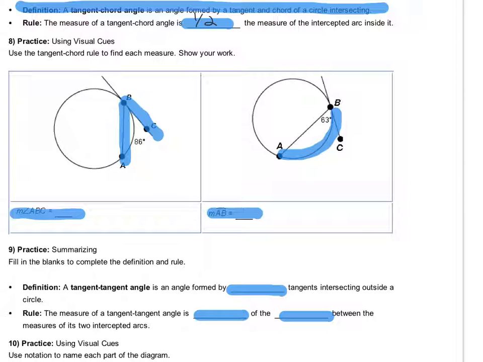So if ABC is half of the arc, you take 86 divided by 2, and you get 43 degrees. That means this angle right in there is 43 degrees. Likewise, for the measure of arc AB, if angle ABC is 63 degrees, then we multiply by 2, and we get the arc is equal to 126 degrees. And that's it.